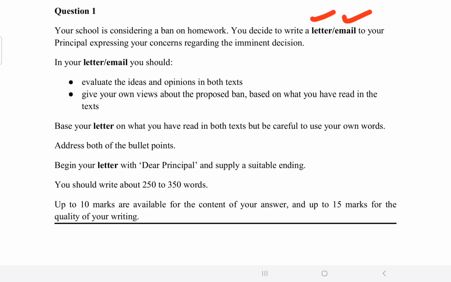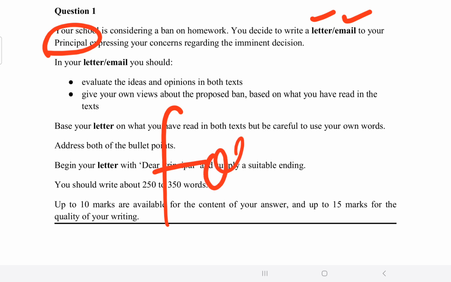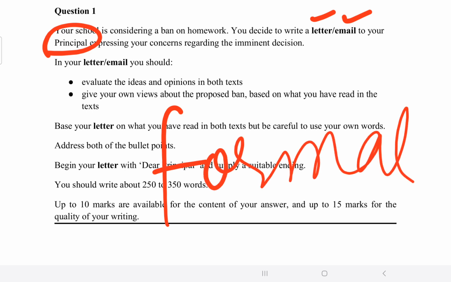Your school is considering a ban on homework. You decide to write a letter or email to your principal expressing your concerns. Whenever your audience is your principal, this is going to be a formal task. So, this is a formal letter or a formal email.